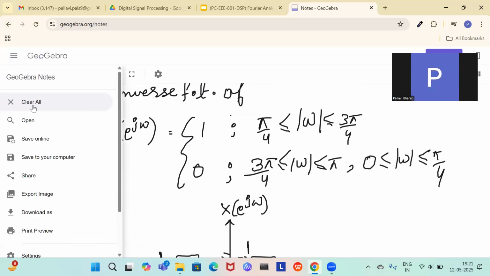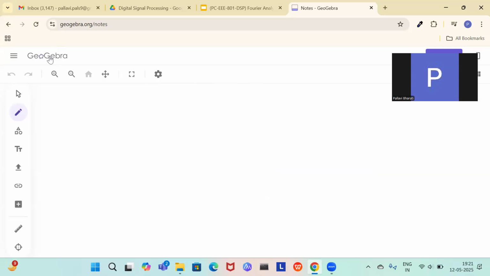Okay, now let's do one more question on inverse DTFT. Determine the signal corresponding to this Fourier transform. The question can be given like this.